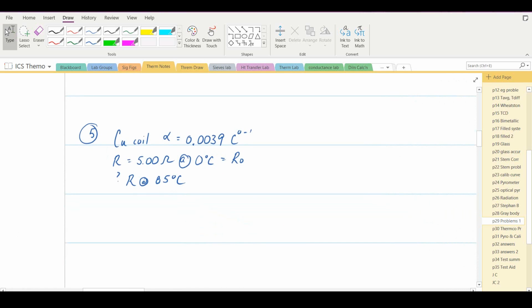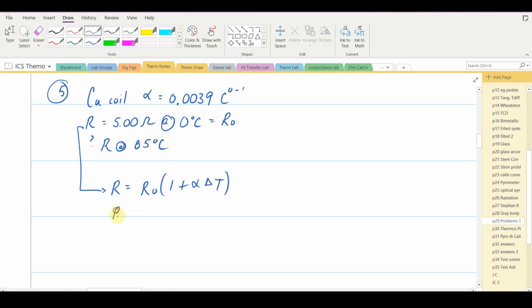Let me write the equation down here. R is equal to R sub 0 times 1 plus alpha delta T. And we're asked to calculate R, so that's a good formula for that. R sub 0 is given as 5 ohms. R is equal to 5.0 ohms times 1 plus 0.0039 per Celsius degree times delta T. So what's delta T here?